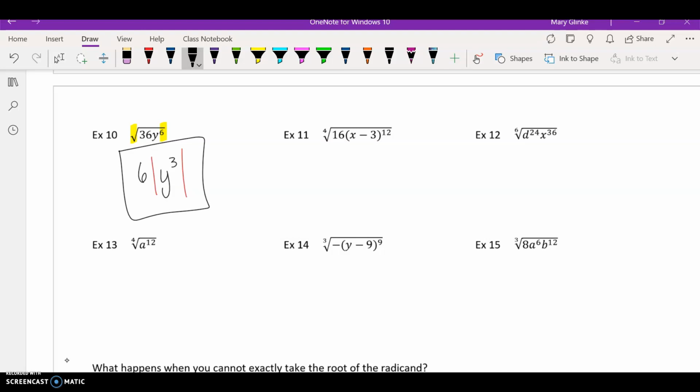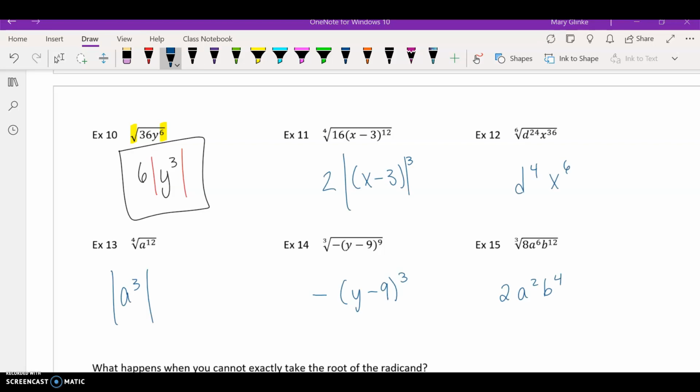So go ahead and pause the video and try numbers 11 through 15 for those ones. So using your index as your number in a group, you can see your answers for 11 through 15, and only 2 of these required absolute values. That was 11 and 13 because they followed the even to an odd pattern.